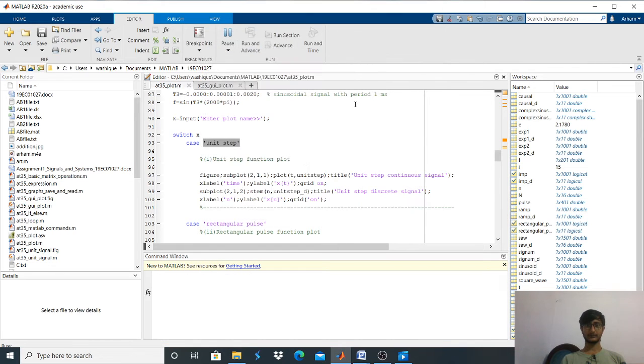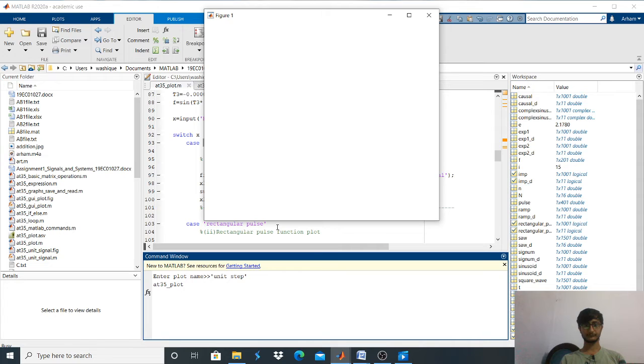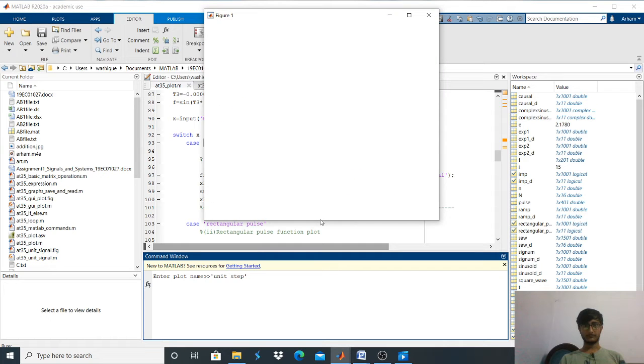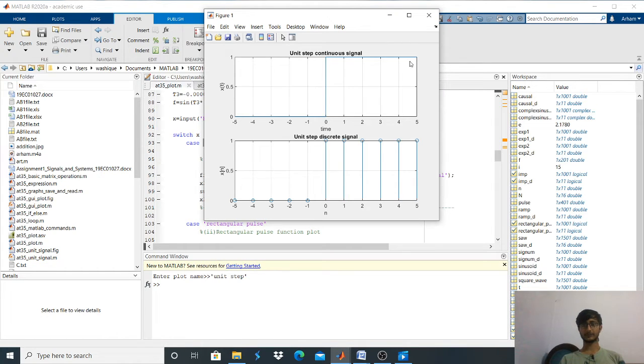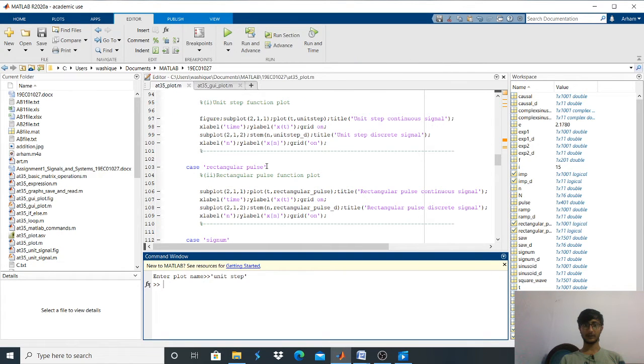After that it will run. Unit step function. So this is a unit step function, this is continuous, this one is discrete. After that, moving on, we have the rectangular pulse signal.